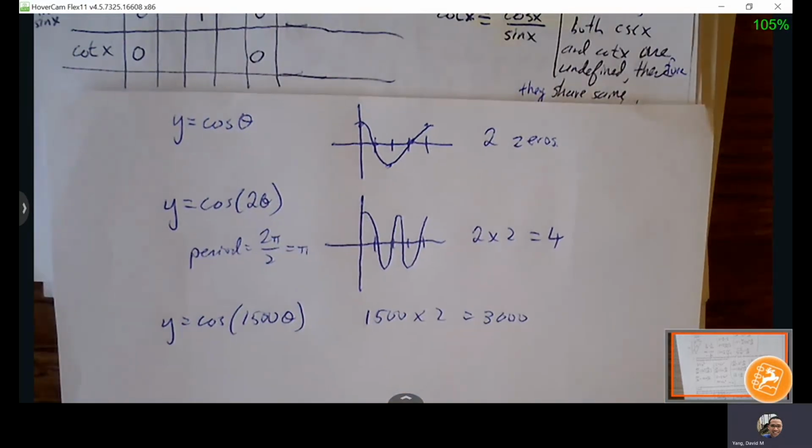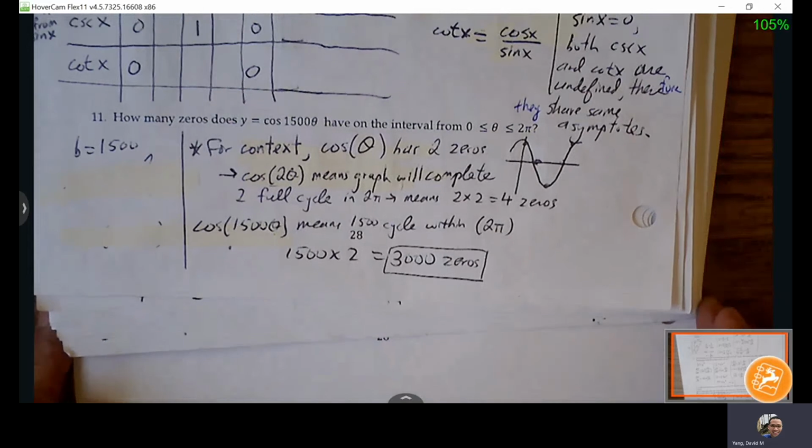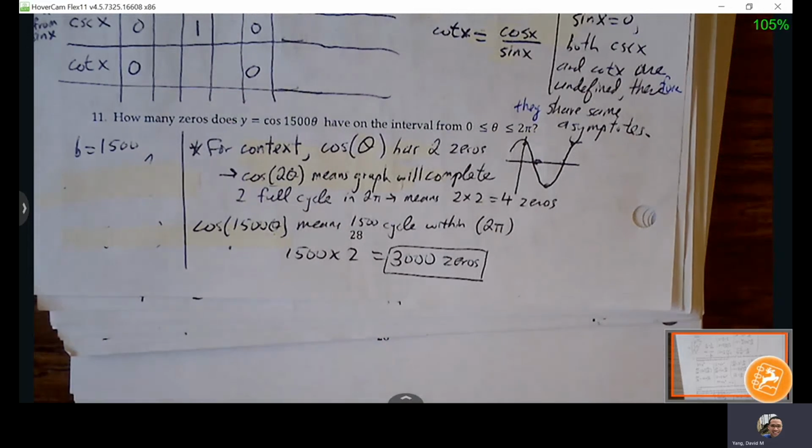So we should be expecting 3,000 zeros in that interval from 0 to 2 pi. It'll work for sine and cosine, yes.